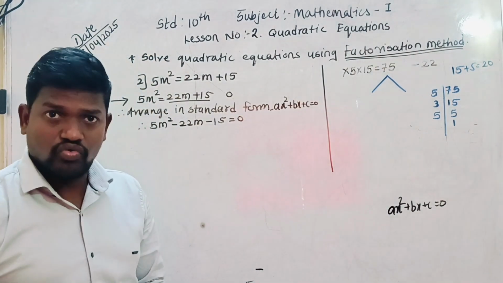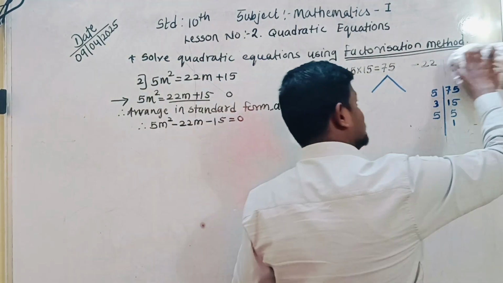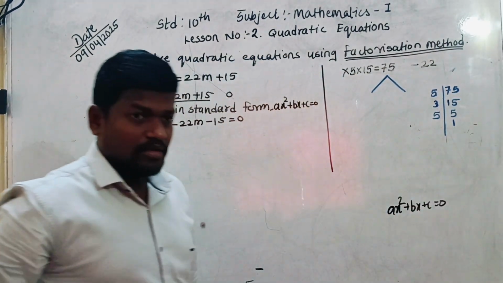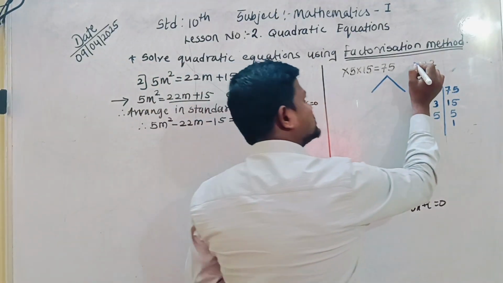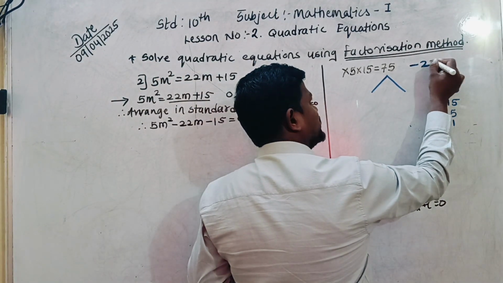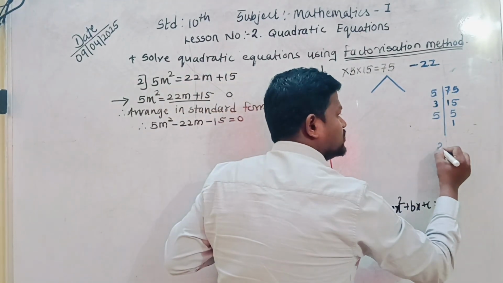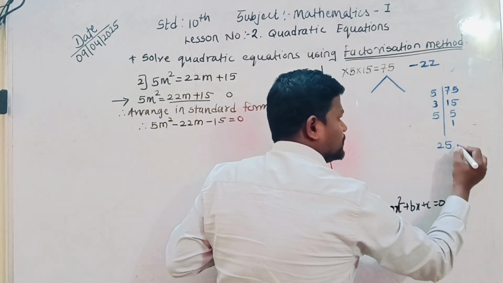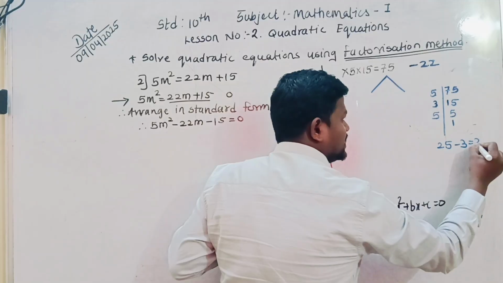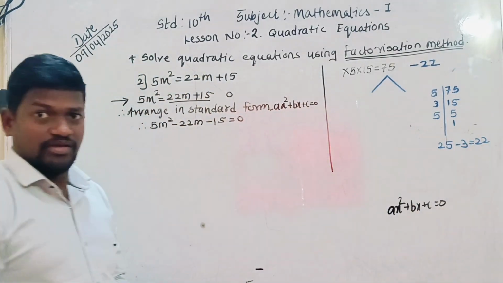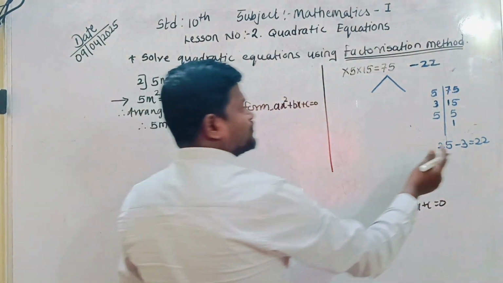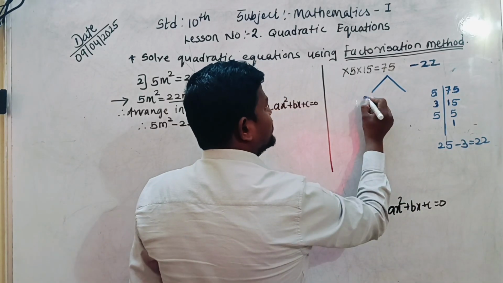So these are not the proper factors. Then we must have minus 22, right? So 5 5s are 25. Then after minus 3 we get 22, right? So 25 and 3 are our right factors.